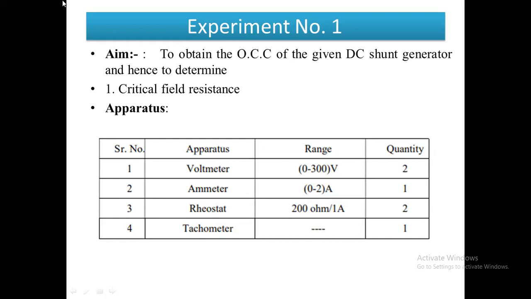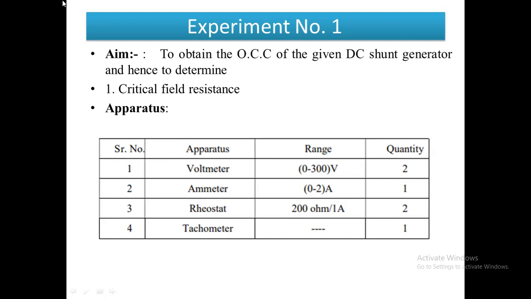Then we need an ammeter for measuring the field current IF. We could select a range of 0 to 5 ampere or 0 to 10 ampere, but when we select a meter with an accurate rating, we get a more accurate reading.